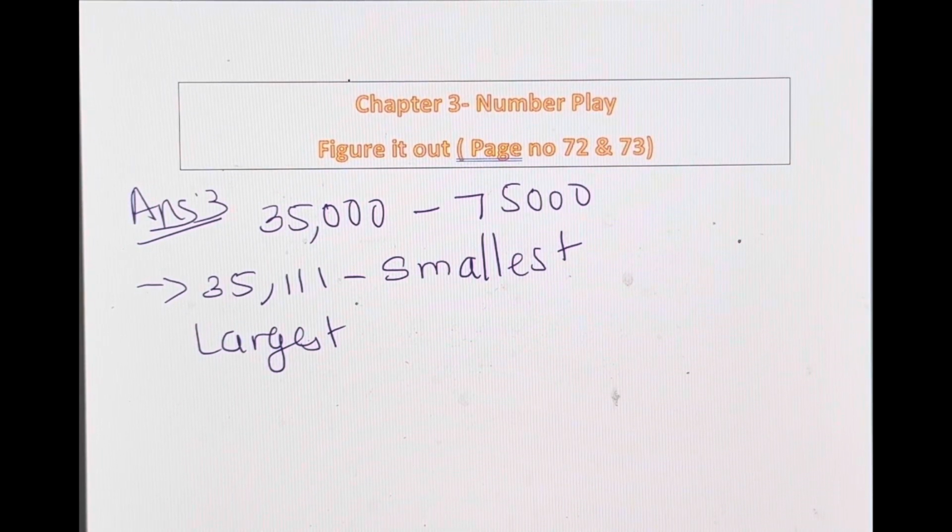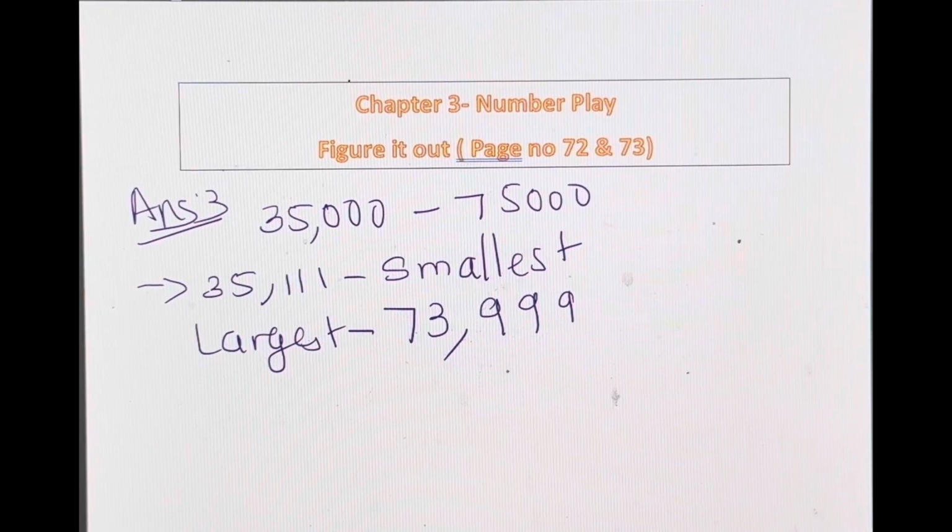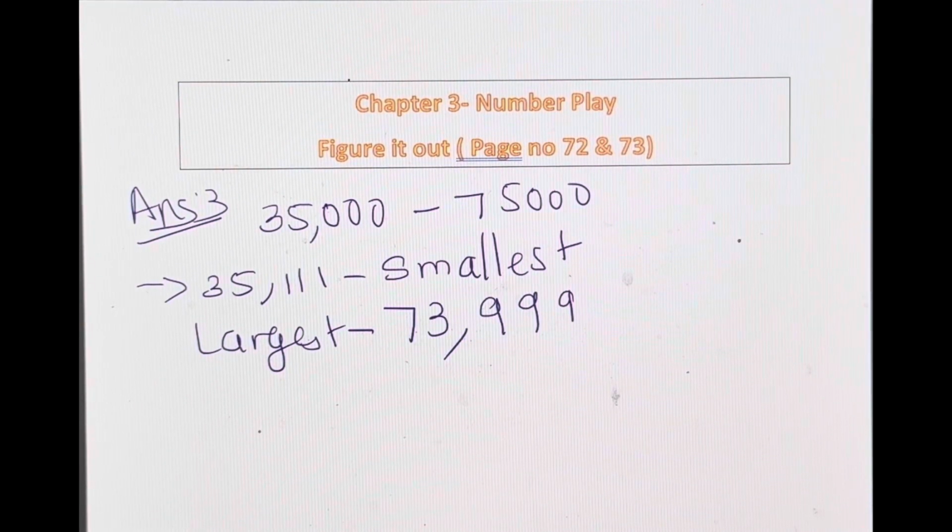So we need to go to 73. Now we want to form the largest number, so we start with the largest odd digit, which is 9. We keep all three of the remaining digits as 9. So the largest number is 73,999.